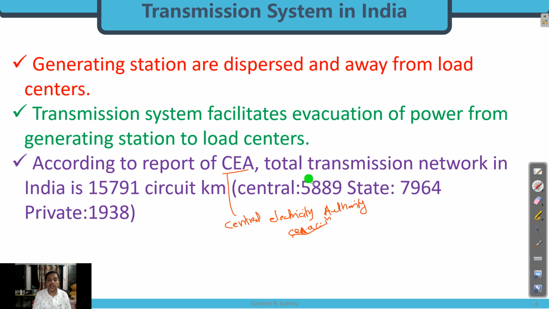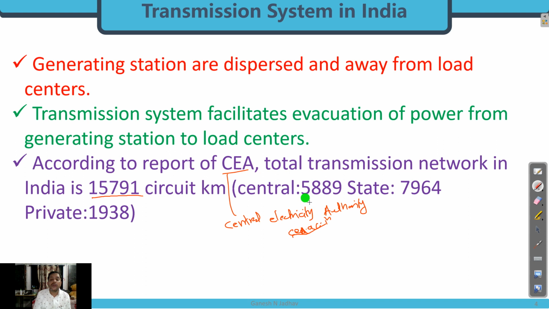According to them, the total transmission network in India is 15,791 circuit kilometer.